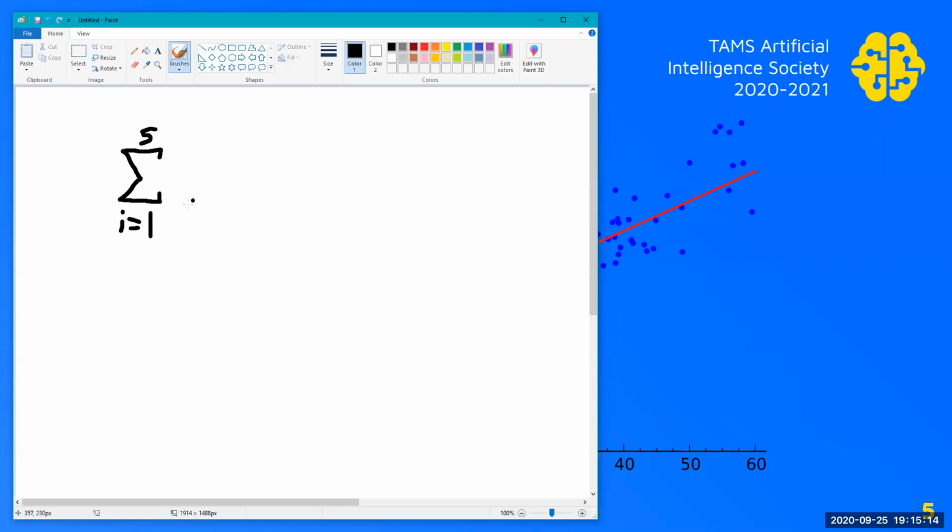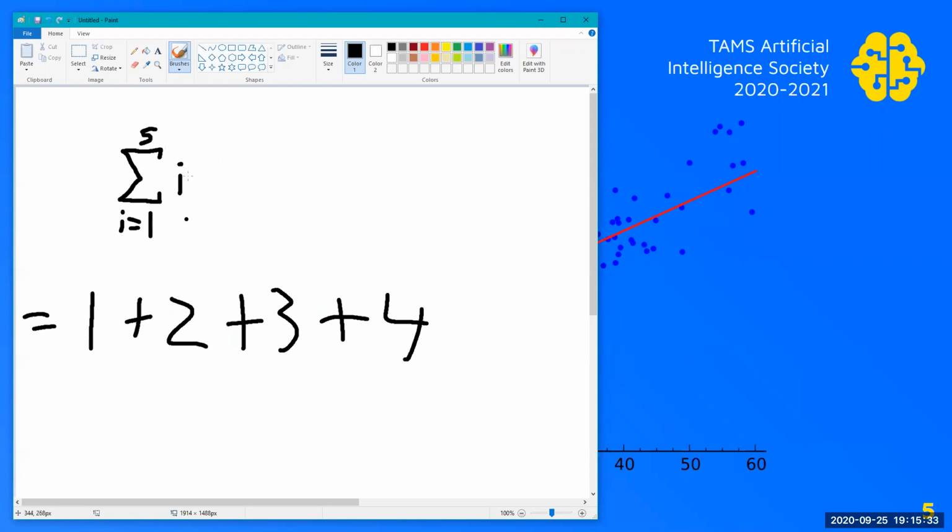This basically iterates from i equals 1 all the way to 5. And so if your expression here is i, this is equivalent to saying i equals 1, i equals 2, i equals 3, i equals 4, and i equals 5.